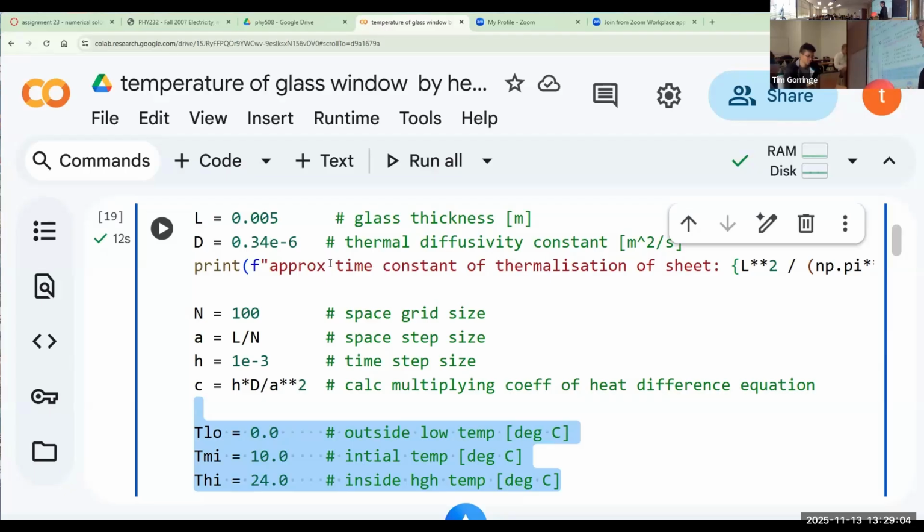But there's a rule of thumb actually, it's more than a rule of thumb. It's derived from the diffusion equation. You can calculate a time constant for the warming up or the cooling down. And that time constant, and now it's approximate, it's a rule of thumb because it's a time constant that depends on the spatial dimensions in your problem.